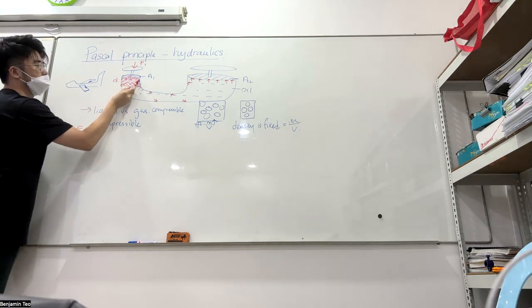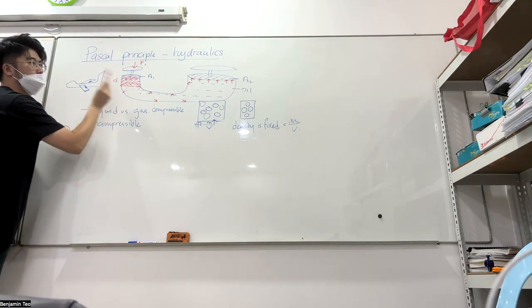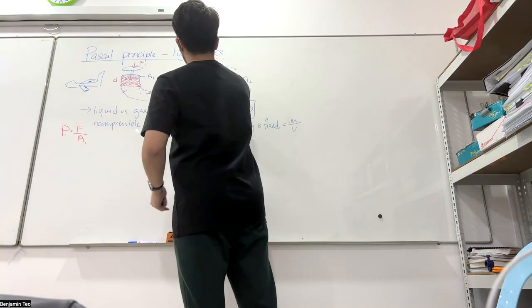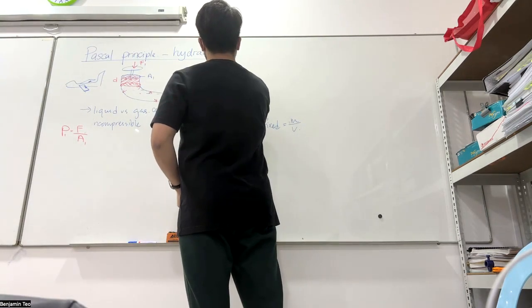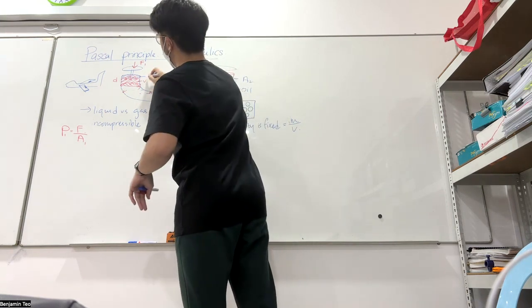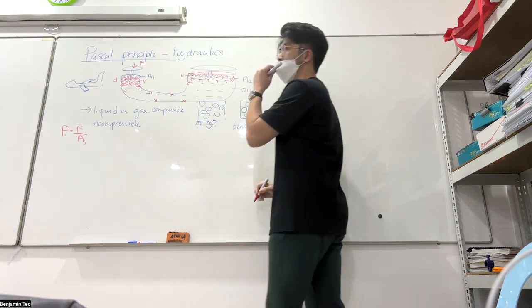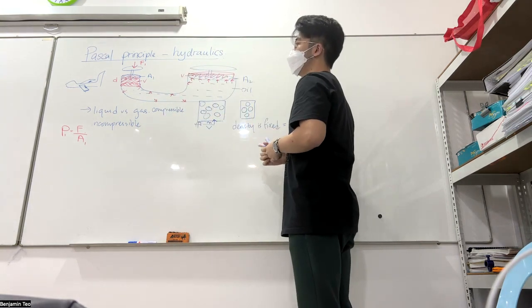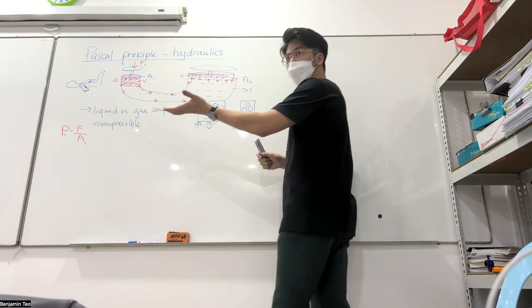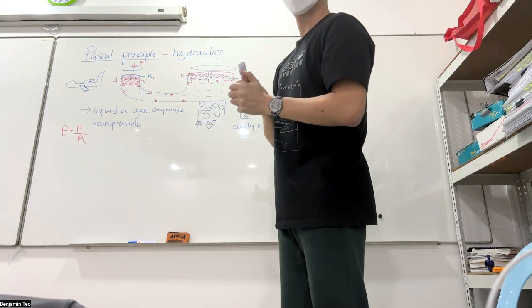I'm pushing this much. It has to go somewhere, right? So the only exit is to rise here. This amount, whatever the volume is, let's say V, because there's no other way for the liquid to go, and you cannot compress the liquid.